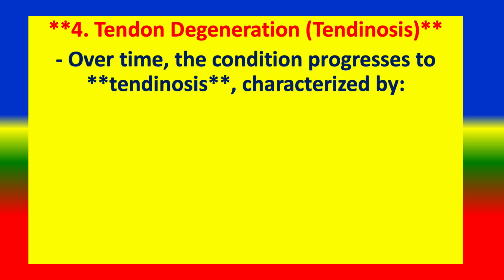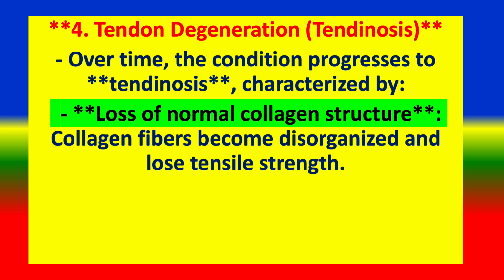Over time, the condition progresses to tendinosis, characterized by loss of normal collagen structure. Collagen fibers become disorganized and lose tensile strength.